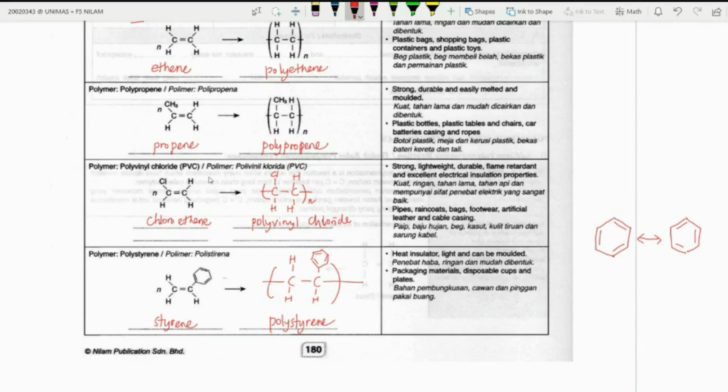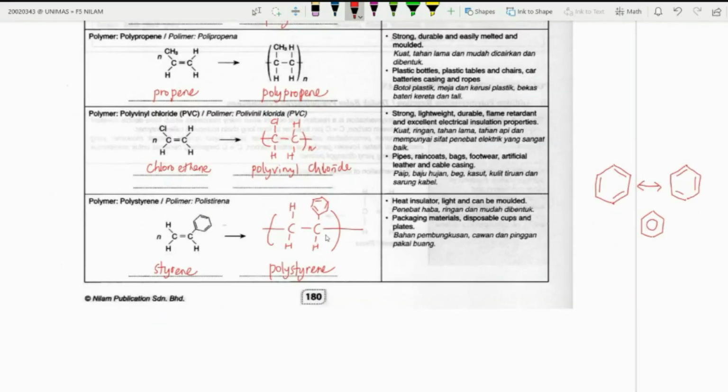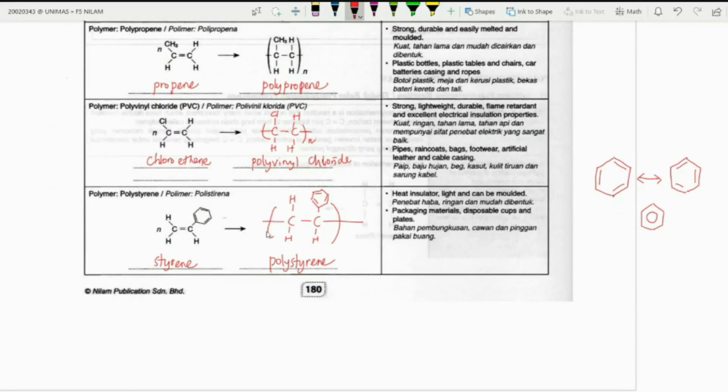That's why normally in Form 6 you will see us draw a circle in the middle. This shows that the double bonds can be like this or like this. So this is polystyrene. Any question for this?